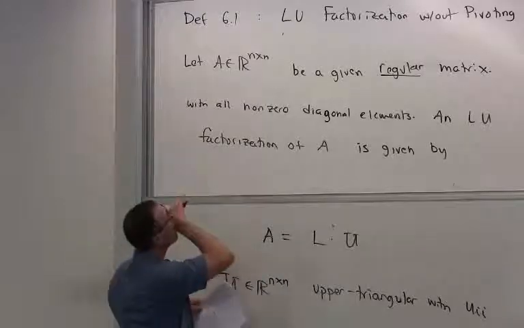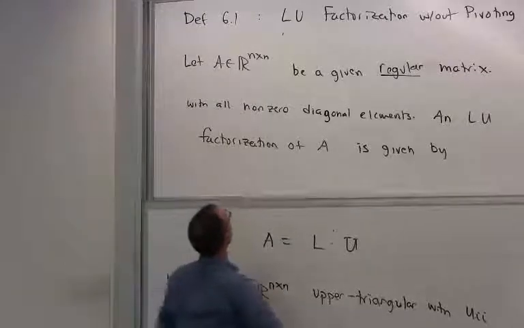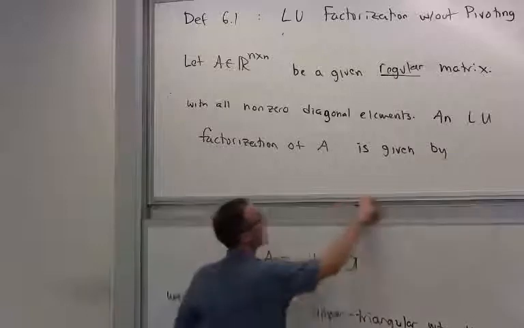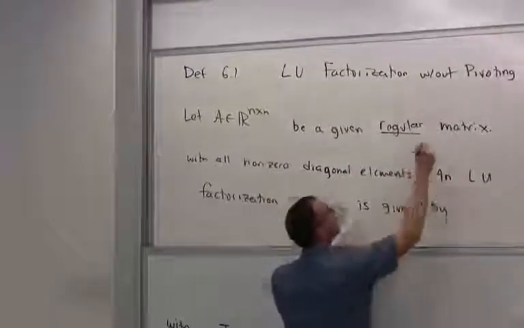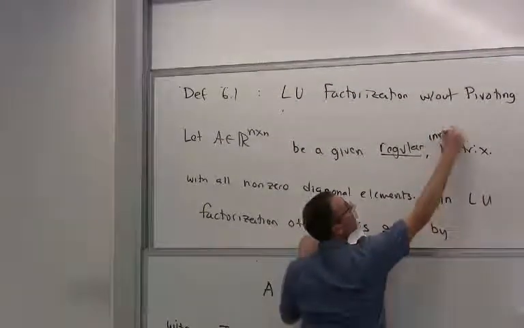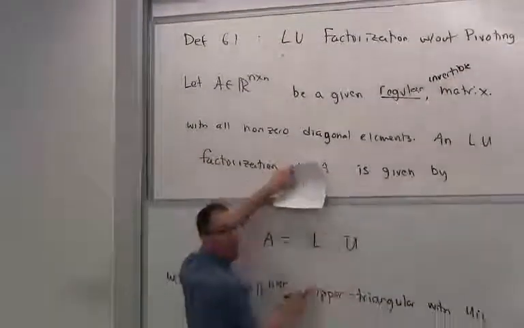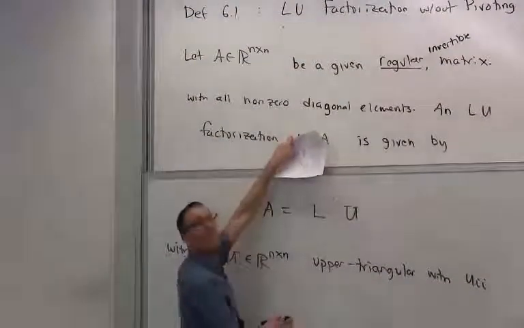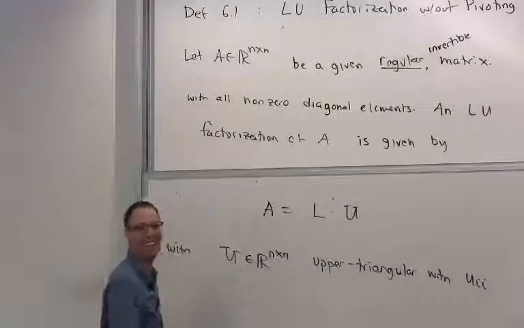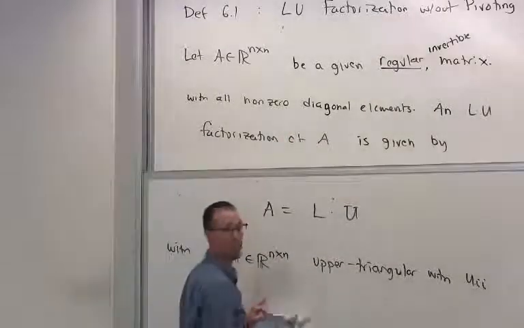I want A to be a given regular and invertible matrix. What does it mean to be invertible? What doesn't it mean to be invertible, right? What does it mean to be invertible again?